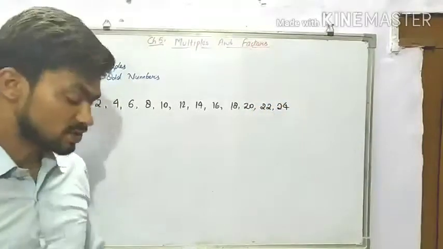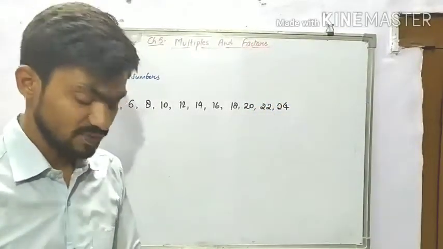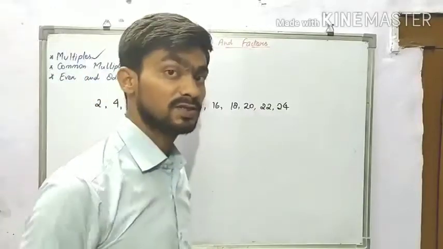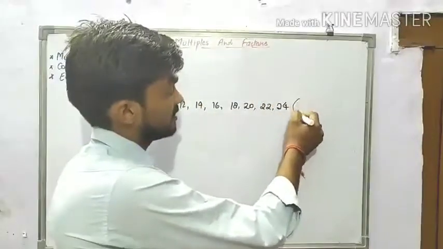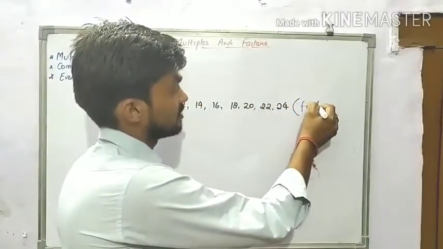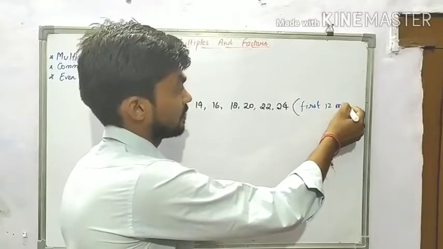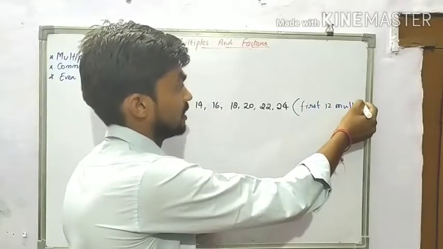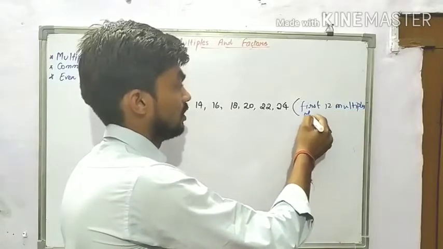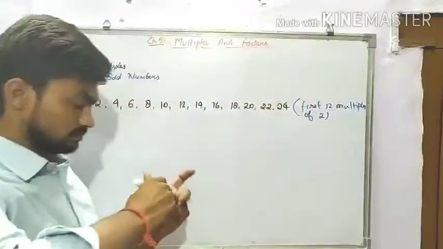I am writing the first 12 multiples of 2. Here you write the first 12 multiples of 2.